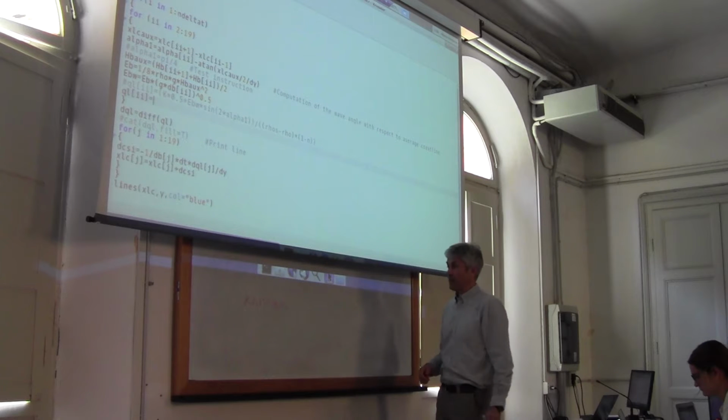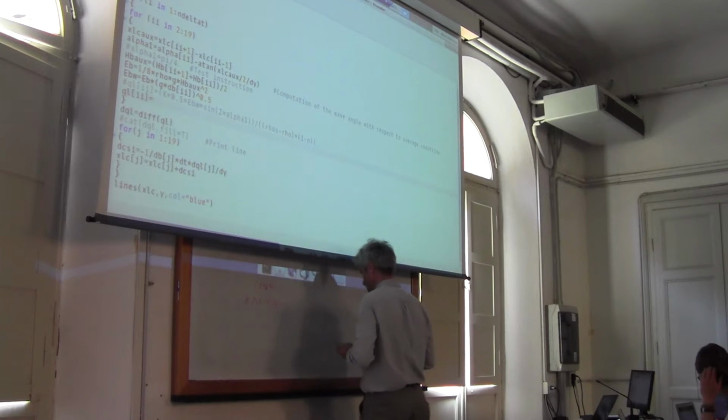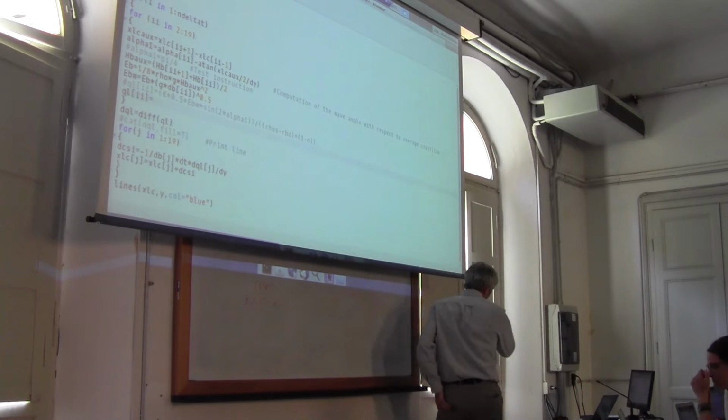Campuis formula. And it is the first one because he proposed several variants. This is the one of 1986.